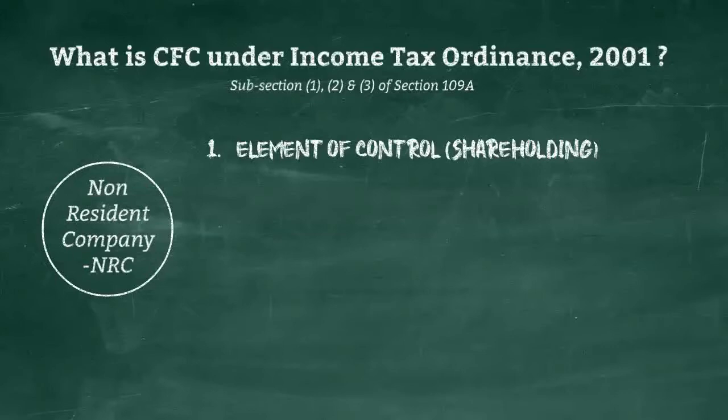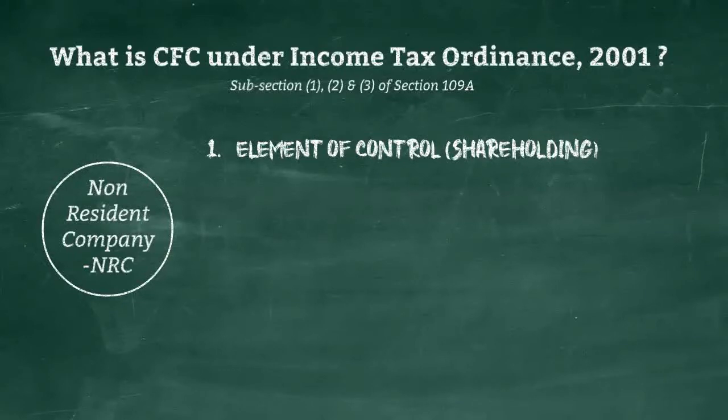To clarify here, the control includes both direct and indirect control through voting rights or shareholding, where direct means direct ownership of capital or voting rights, and indirect control includes ownership through subsidiary companies or companies in which the resident person exercises control through ownership of capital or voting rights, so the definition here is wide.